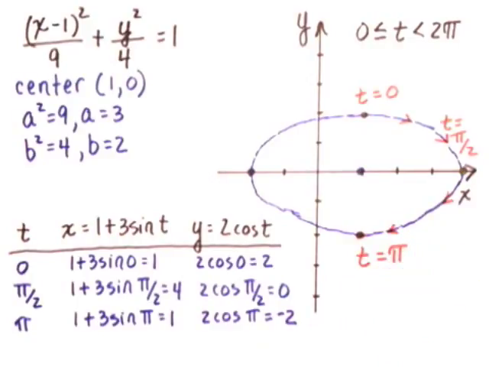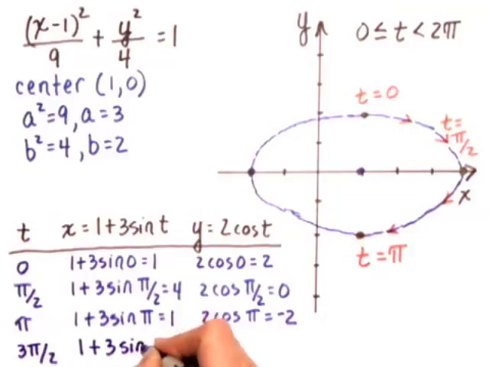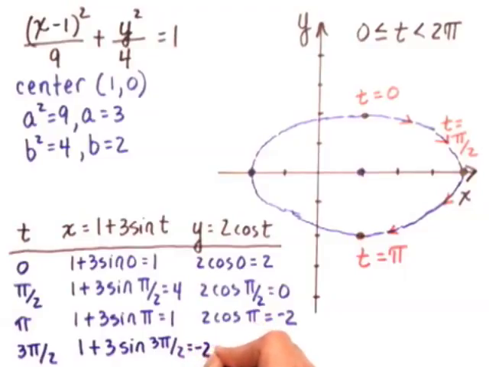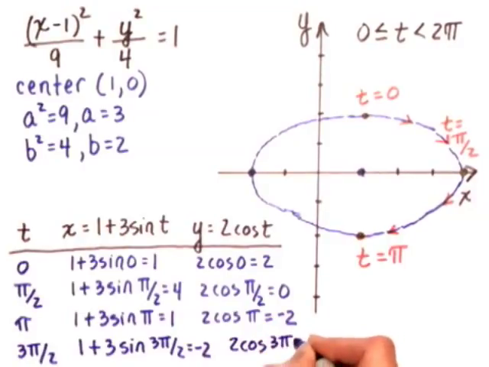Let's pick one more value. Let's pick 3 pi over 2. x will equal 1 plus 3 times the sine of 3 pi over 2. Since the sine of 3 pi over 2 is equal to negative 1, this becomes 1 plus 3 times negative 1, or negative 2. And our y value will equal 2 times the cosine of 3 pi over 2.